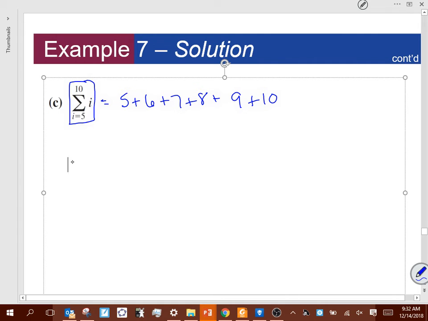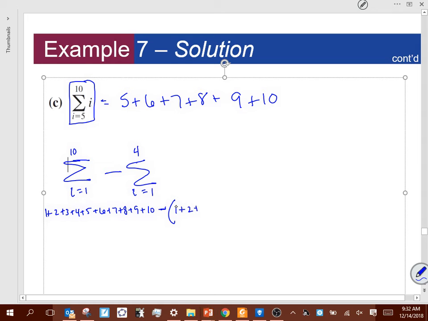Would you guys agree that if I take the sum for i equaling 1 to 10, that list is going to look like 1 plus 2 plus 3 plus 4 plus 5, 6, 7, 8, 9, 10, and I subtract from that the sum for i equaling 1 to 4, which would be minus 1 plus 2 plus 3 plus 4.